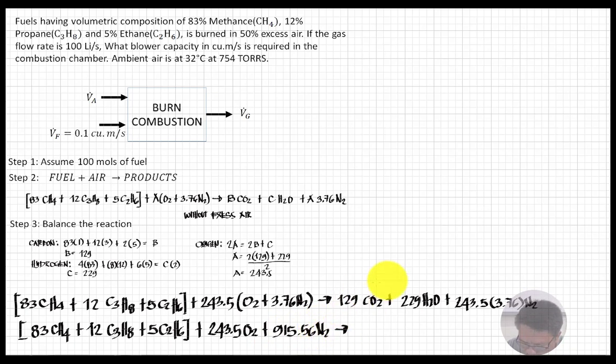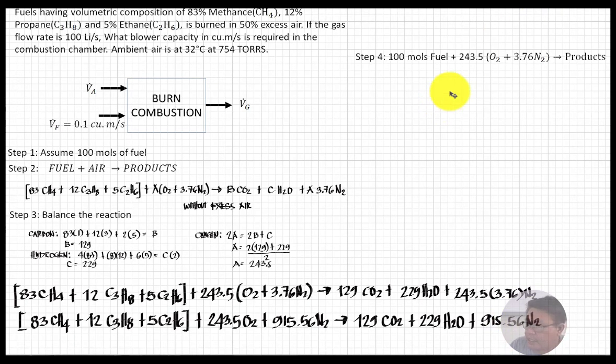Now on the other side for our product, again we can rewrite that. That will be 129 CO2, 229 for your H2O, and the same 915.56 for our nitrogen. So let's proceed to step 4.